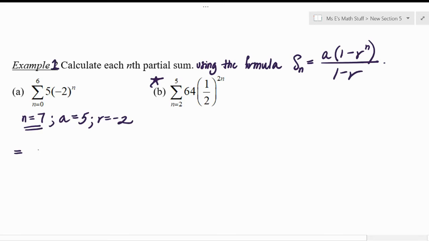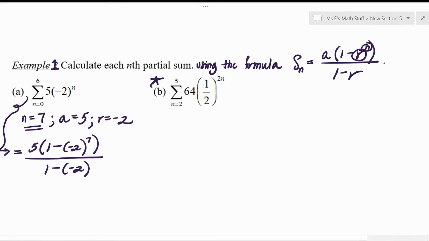Okay, so now putting things into the formula. The sum will equal your first term being 5 times 1 minus your common ratio, which is -2, to your n value, your number of terms, which is 7, and then divided by 1 minus your common ratio.